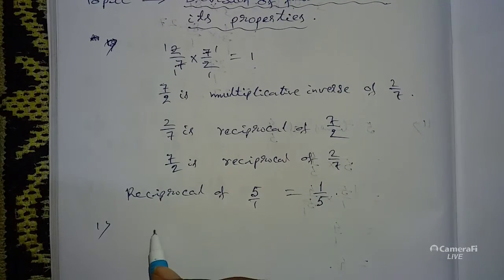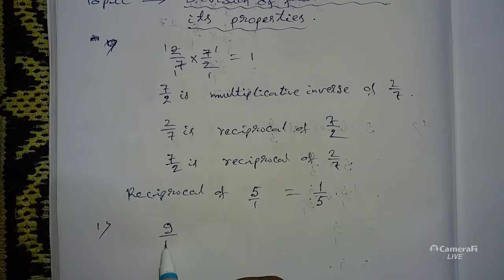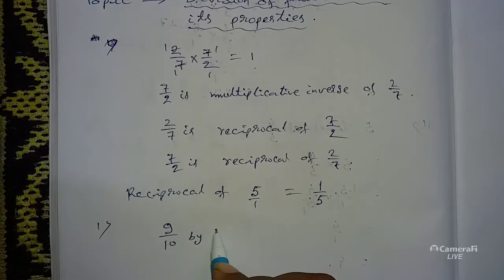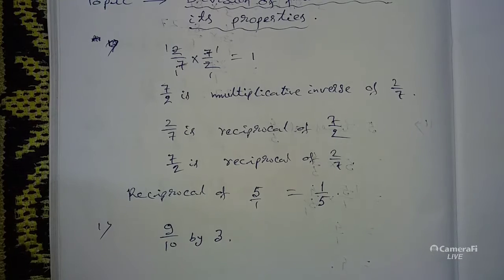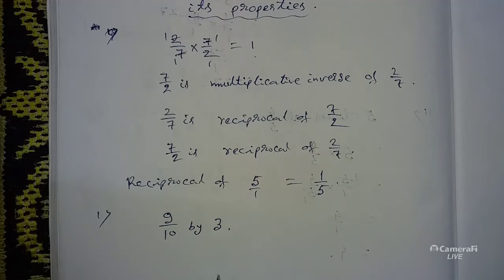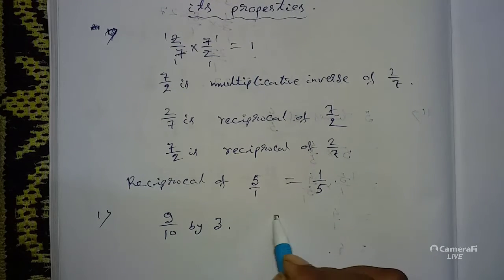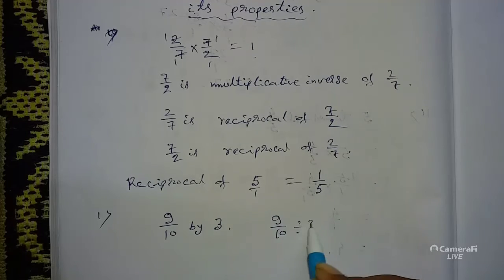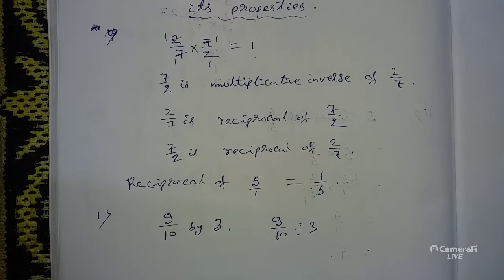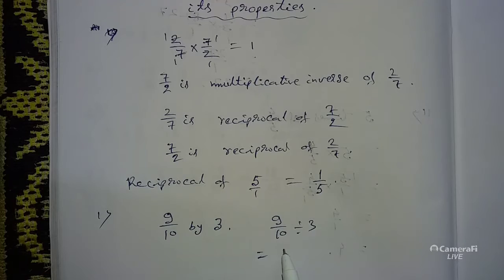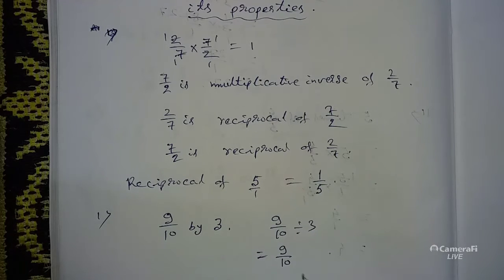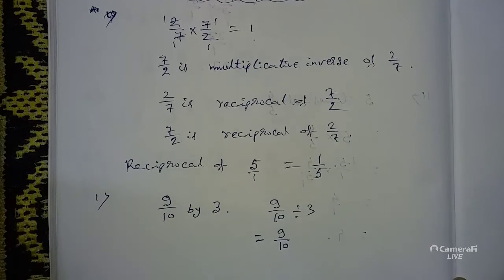Suppose we have to divide 9 by 10 by 3. We can write 9 by 10 divided by 3. Let us write the first fraction as it is, 9 by 10.